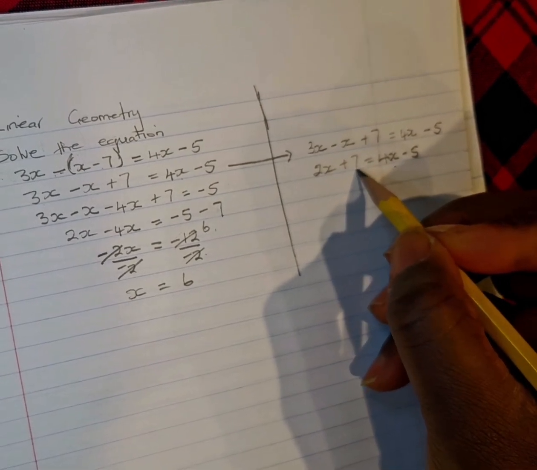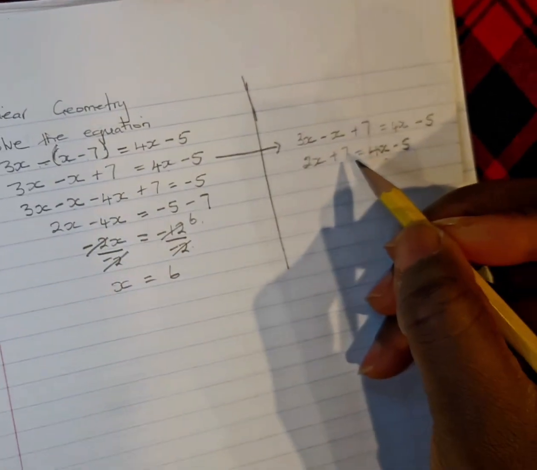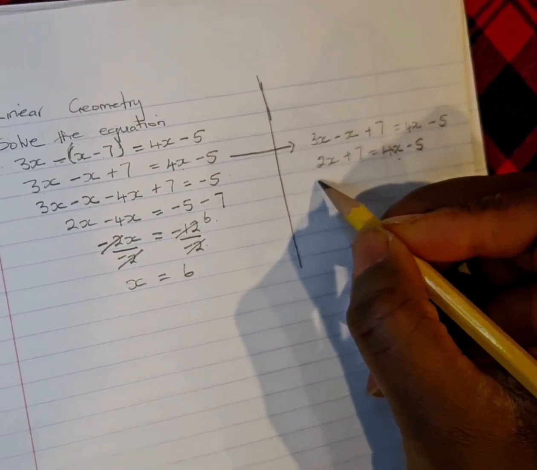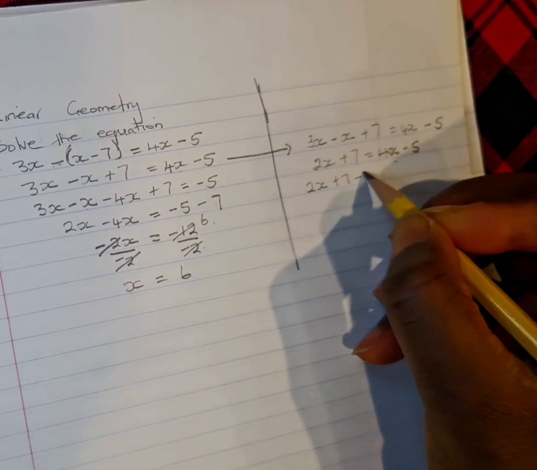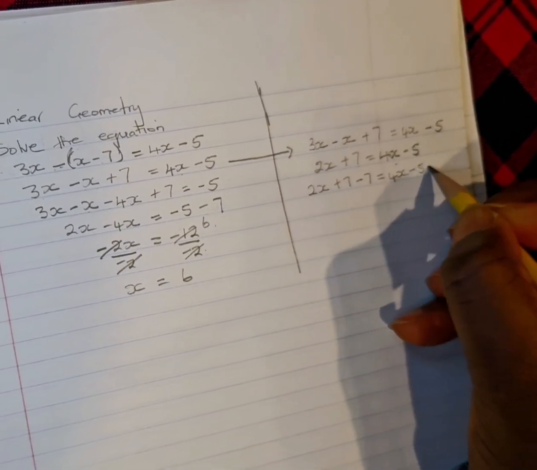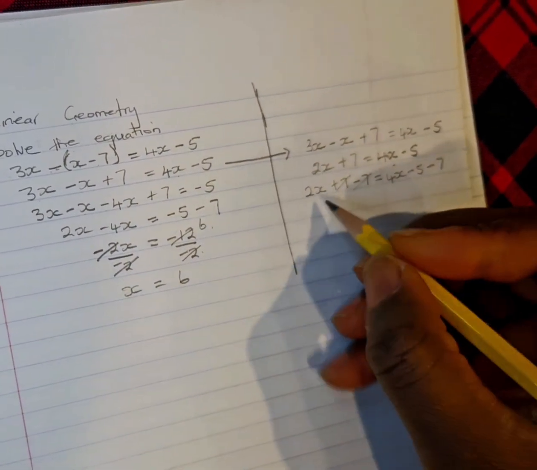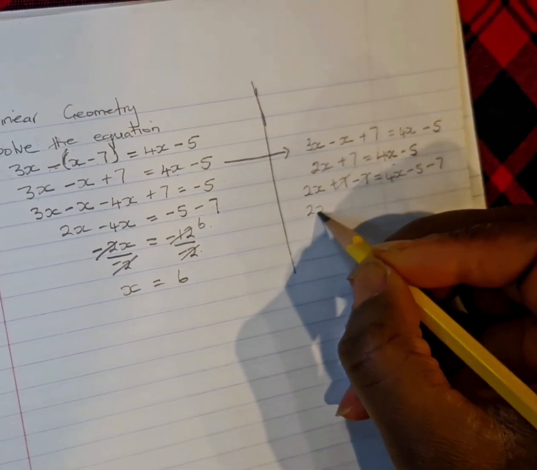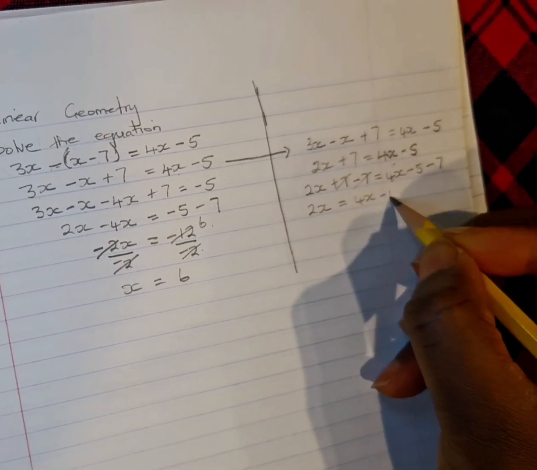I have to subtract 7 from both sides of the equation to get rid of this 7 here. So that will be 2x plus 7 minus 7 equals 4x minus 5 minus 7. And you can see that this and this will go away. And my equation becomes 2x equals 4x minus 12.